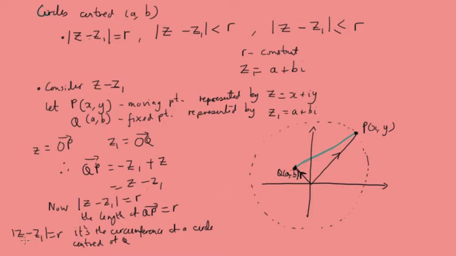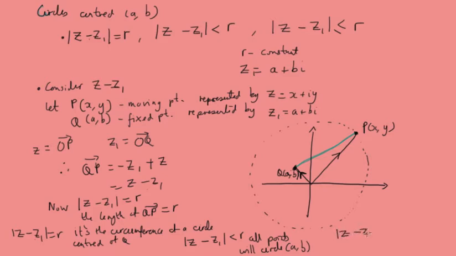So when it's z minus z1 equal to r, that is going to be, just like previously, the actual circumference. And then z minus z1 less than r is going to be all points within the circle centered on AB, but not the circumference.